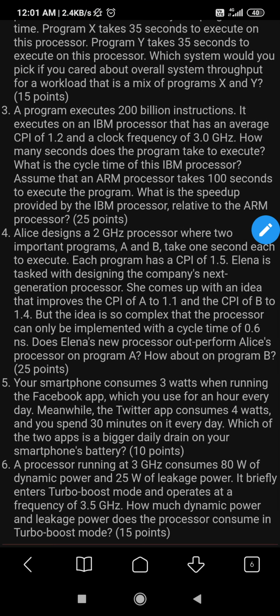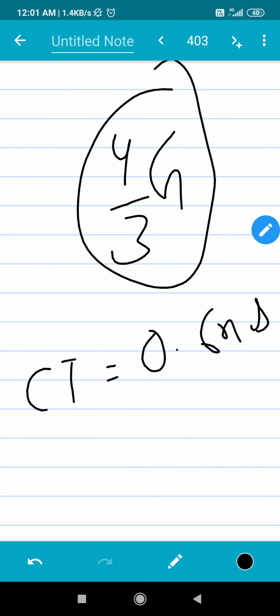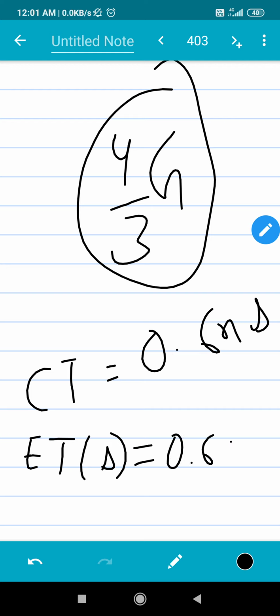I think the clock timing is 0.6 nanoseconds. So what will ET be? ET in seconds is 0.6 into 10 to the power -9. No, pico is 10 to the power -12.